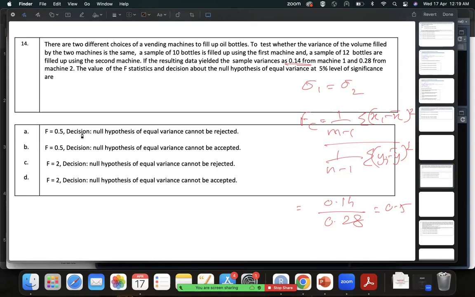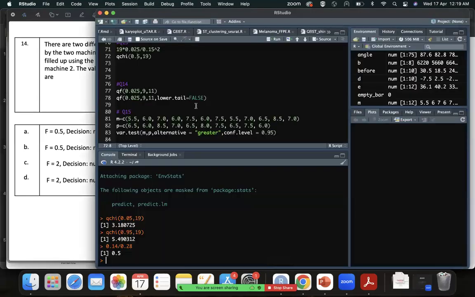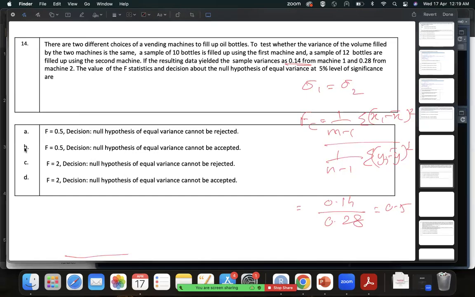And now you want to know if you want to reject or accept it. For this, you use an F statistic. Let me just draw it out for you. This is also not symmetric, basically.